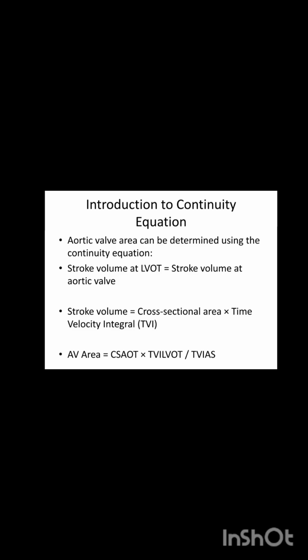So the aortic valve area is equal to the cross-sectional area of the LVOT multiplied by the time velocity integral of the LVOT, divided by the time velocity integral of the aortic stenotic jet. The measurements we require to calculate the aortic valve area are the cross-section of the LVOT, the time velocity integral of the LVOT, and the time velocity integral of the aortic stenotic jet.